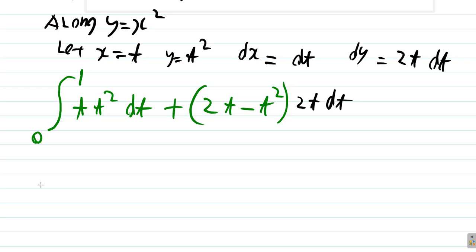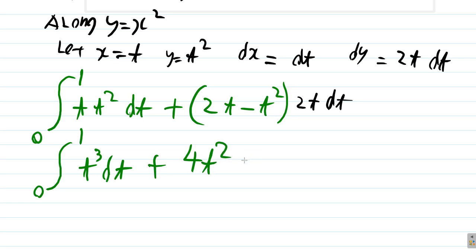So, here now, let's simplify this. The integral from 0 to 1 of t cubed dt plus, let's open the bracket here, this is going to be what now? 2t times 2t, and that's going to be 4t squared, minus 2t times t squared will be 2t cubed.